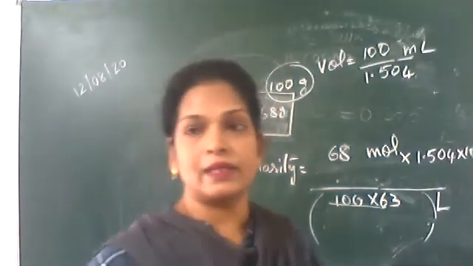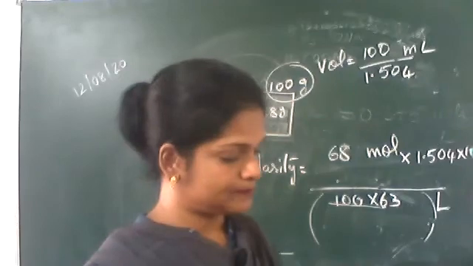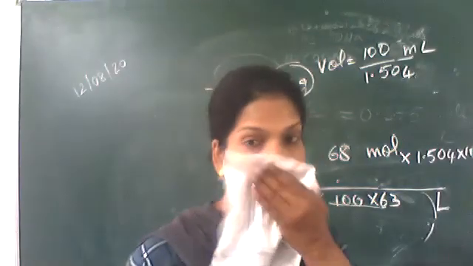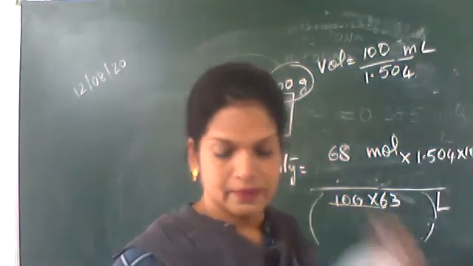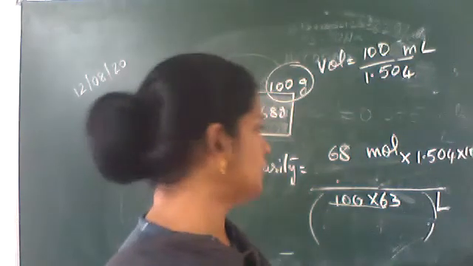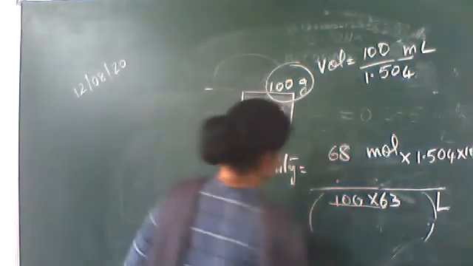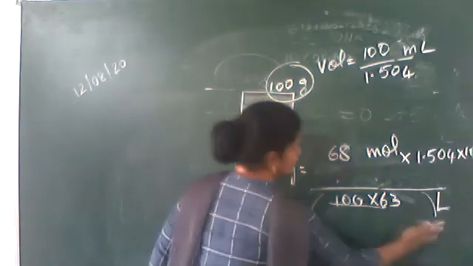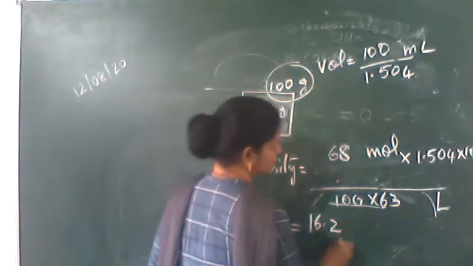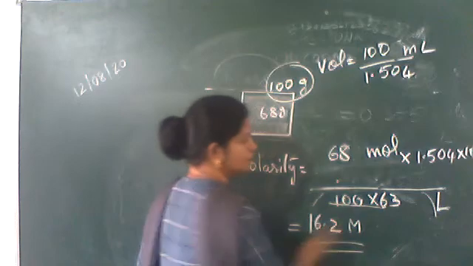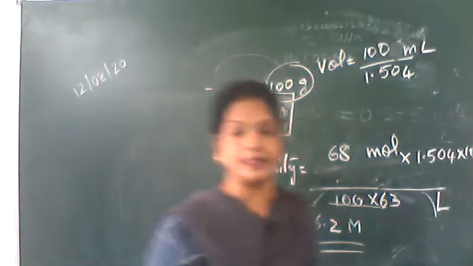Quickly you calculate on the mobile and tell me the answer. 16.22. Yes, 16.2 moles per liter, which is equal to 16.2 molar. Moles per liter, you can write it as molar, capital M.